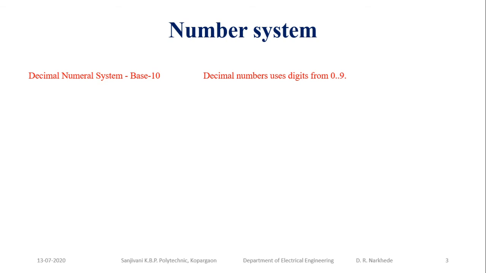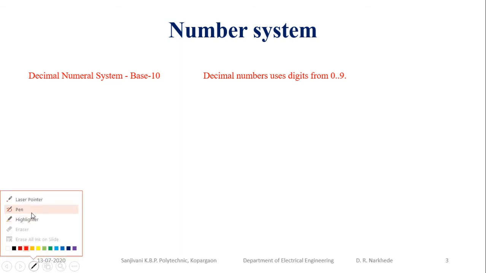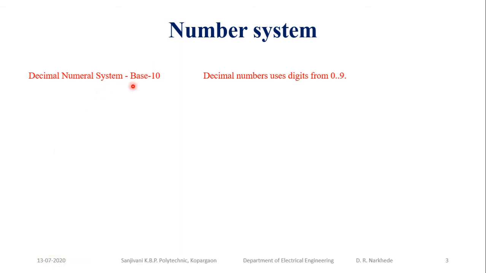In our day-to-day life, we use the decimal number system, which is the most common and has a base of 10. Now what is meant by base 10? The decimal number system has the digits from 0 to 9, that is 0, 1, 2, 3, 4, 5, 6, 7, 8, 9.